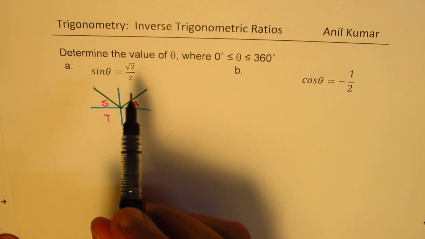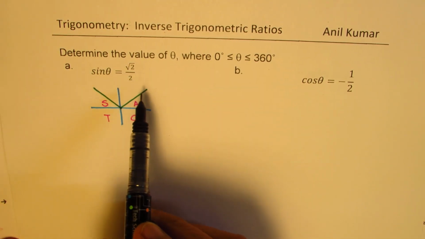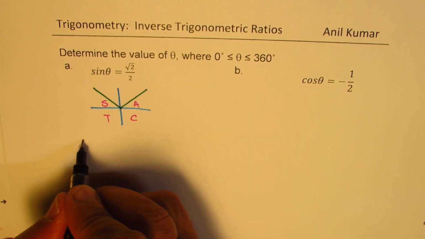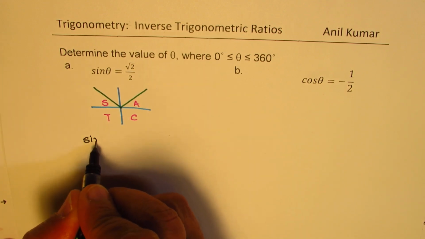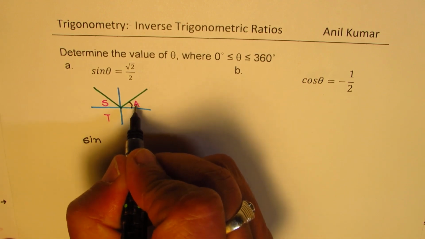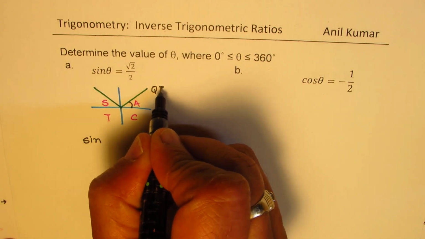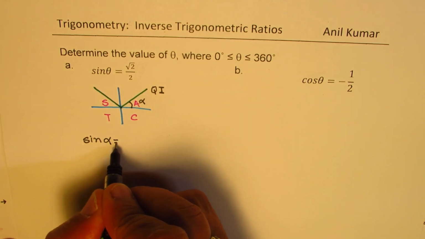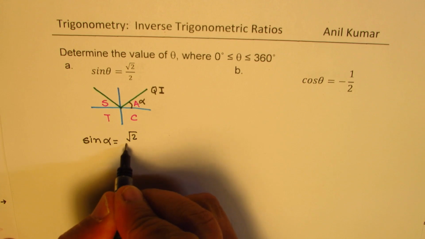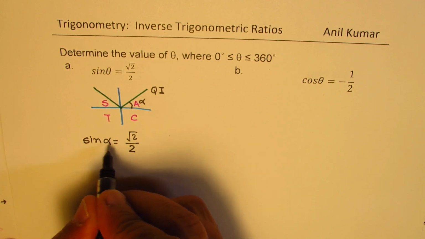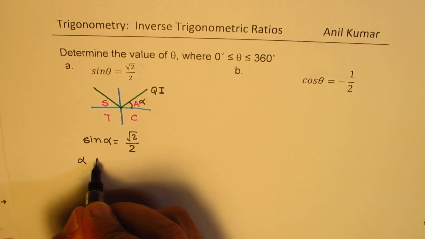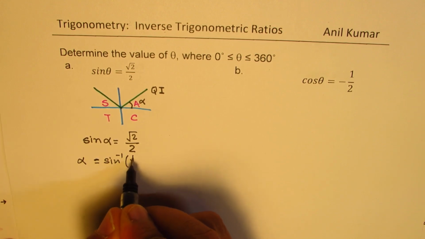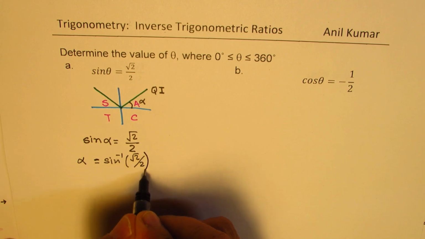Always, since there are two solutions, the calculator can help us find one. What we do here is we find the related acute angle alpha, which will always be in quadrant 1. So let's call this angle alpha. So we say sine alpha equals square root 2 over 2. Then what is alpha? Alpha is equal to sine inverse of square root 2 over 2, right?